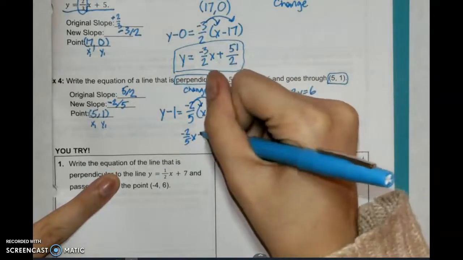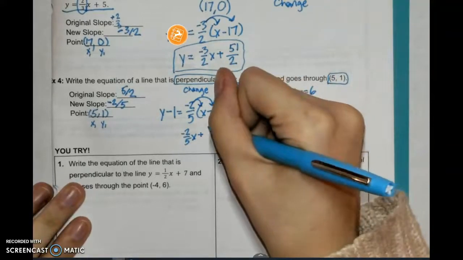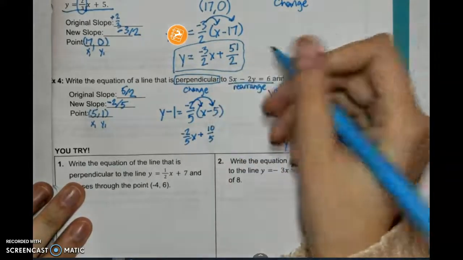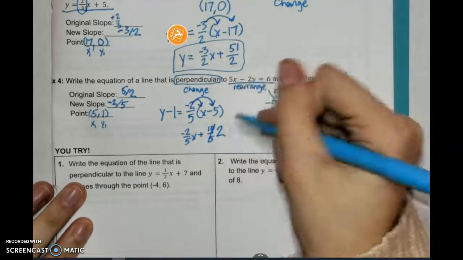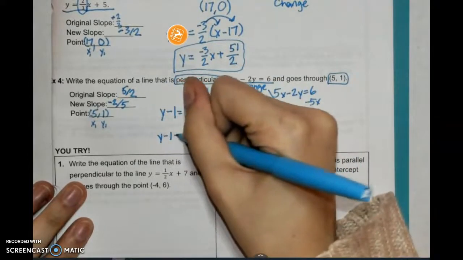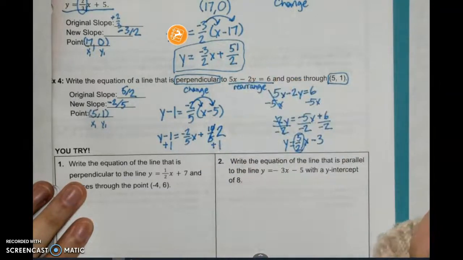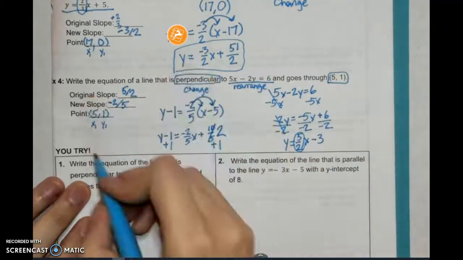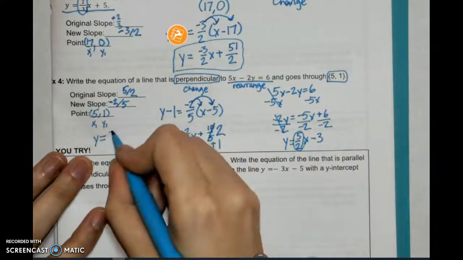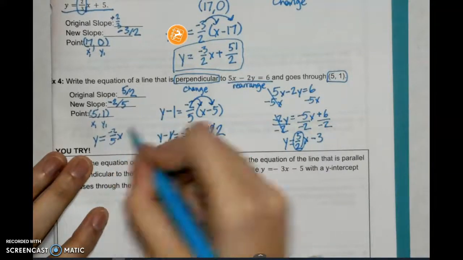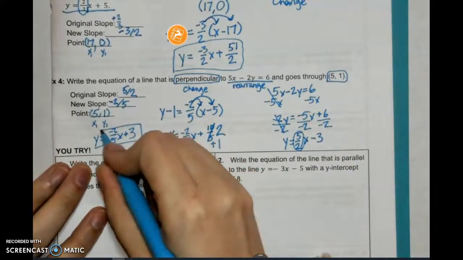Well, negative times a negative is a positive. 2 times 5 is 10 over 5. I can rewrite that as 2. We have y minus 1. I'm going to add 1 to both sides to get our equation. Kind of ran out of space, so we'll write it over here. Y equals, these cancel out, negative 2 over 5x, and then 2 plus 1 is 3.